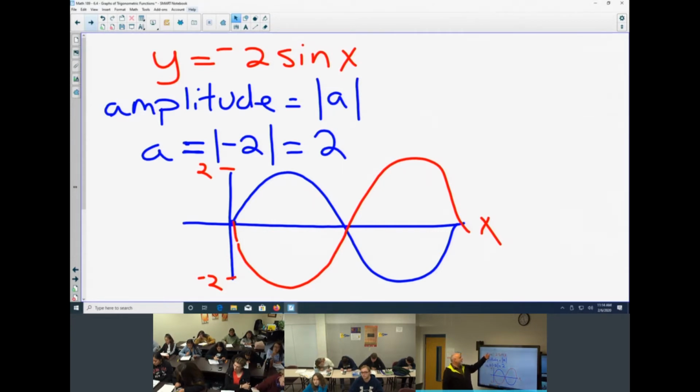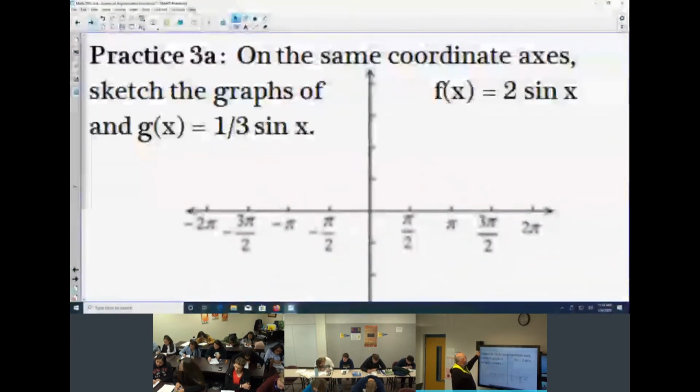So the negative reflects it through the x-axis, just like when we did before with polynomial functions. But the amplitude is always a positive number. Okay, so go ahead and try this one.